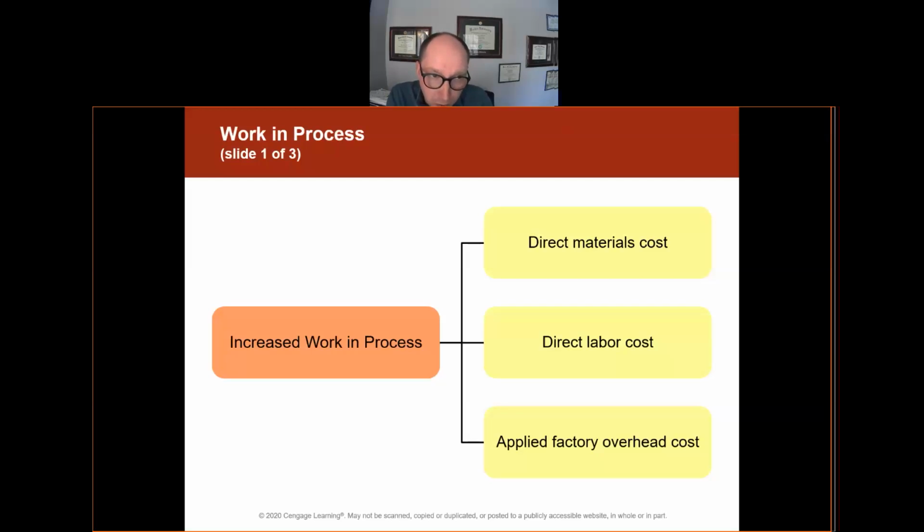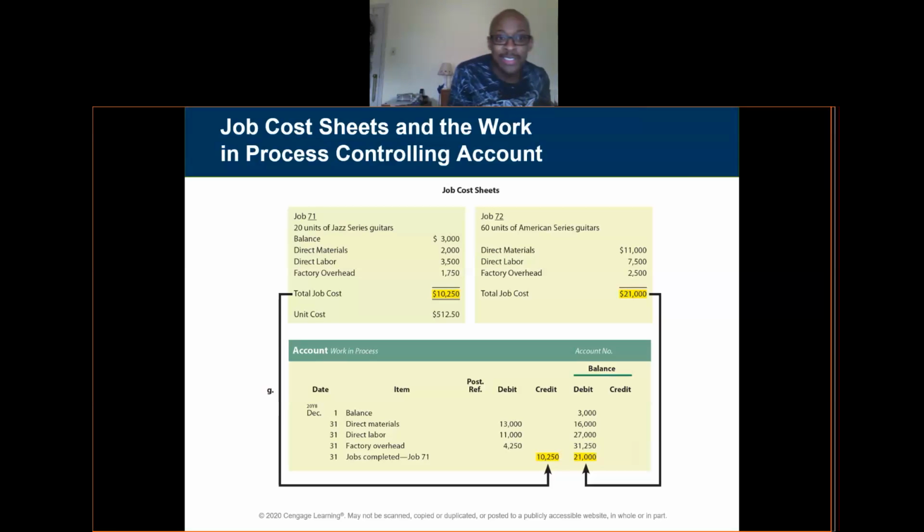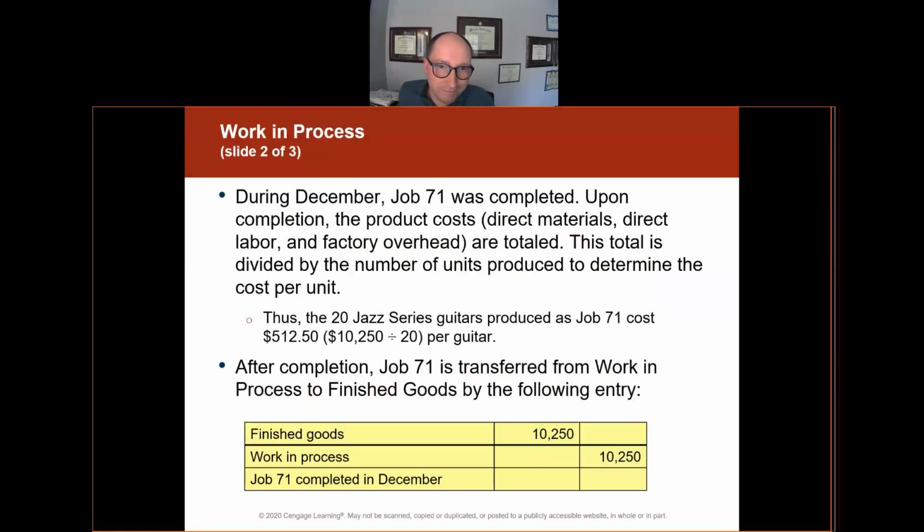To increase work in process, we increase direct materials, direct labor, factory overhead, and work in process. So every time you hear direct materials, direct labor, factory overhead, those are the costs associated with manufacturing a product. Fun stuff.